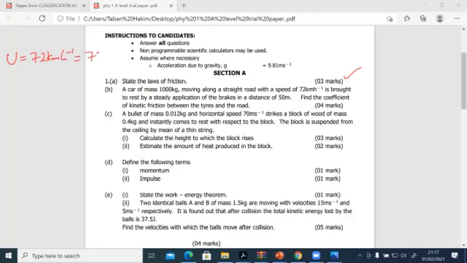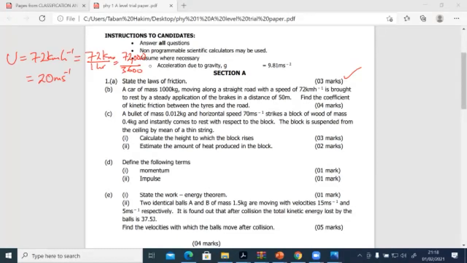It's the same as 72 kilometers multiplied by 1,000, giving 72,000 meters in 3,600 seconds. And this will give us 20 meters per second. Is that fine? You should be having a calculator with you.